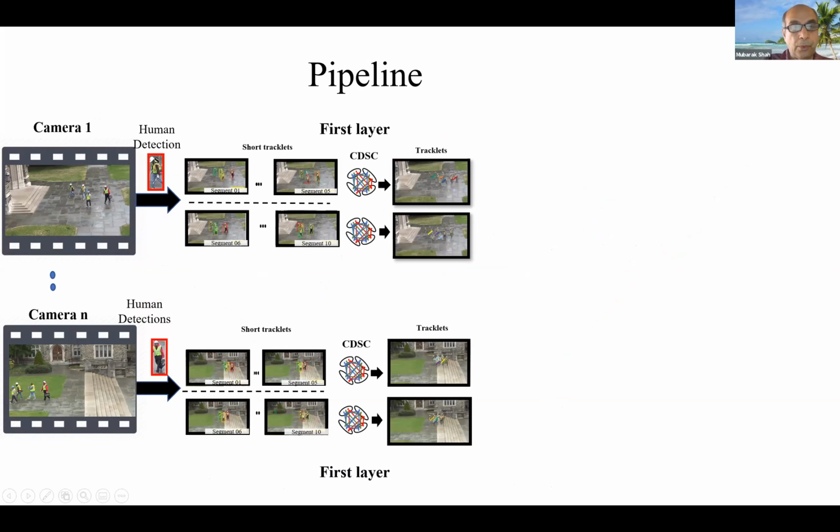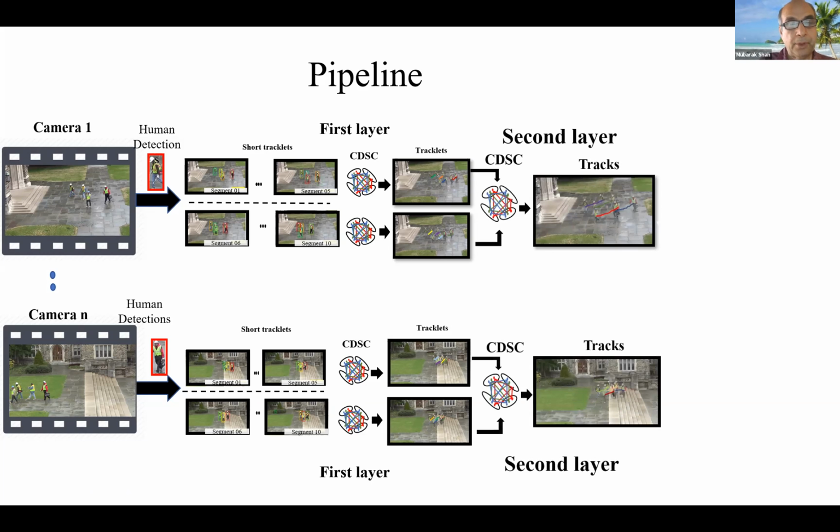In the first step, we take these detections and use a very simple overlapping constraint to get short tracklets, each 15 frames long. Then in the first layer, we take the short tracklets and apply the constrained dominant set to get tracklets. Then in the second layer, we get the tracks.